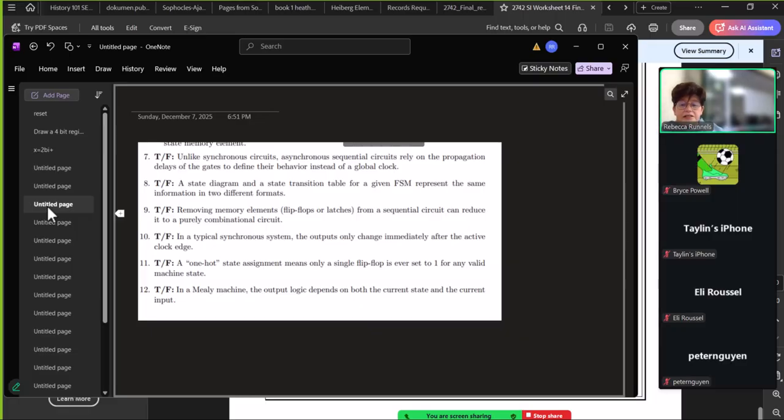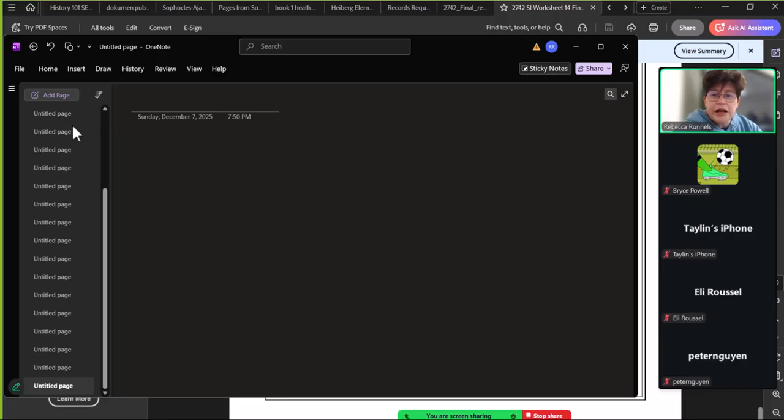A one-hot state assignment means only a single flip-flop is ever set to 1 for any valid machine state. One hot state means that all of your states are of the form, when you write out the states, let's say I had 4 states, A, B, C, D, just 4 states.